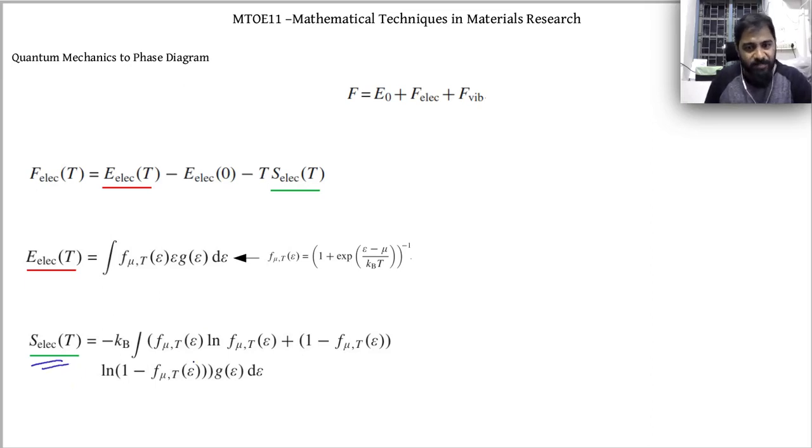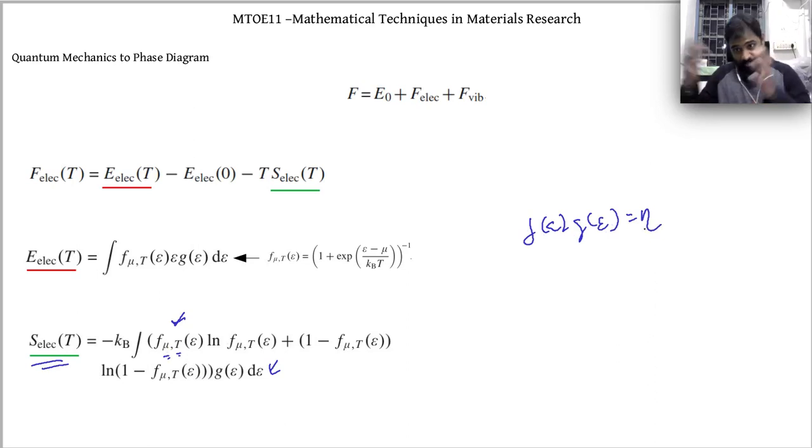Now, of course, this expression can be intimidating, but if you recollect, the combination of this term and this term is nothing but a combination of F of epsilon and G of epsilon. I'm ignoring these constants here. So F of epsilon and G of epsilon is the number of electrons.